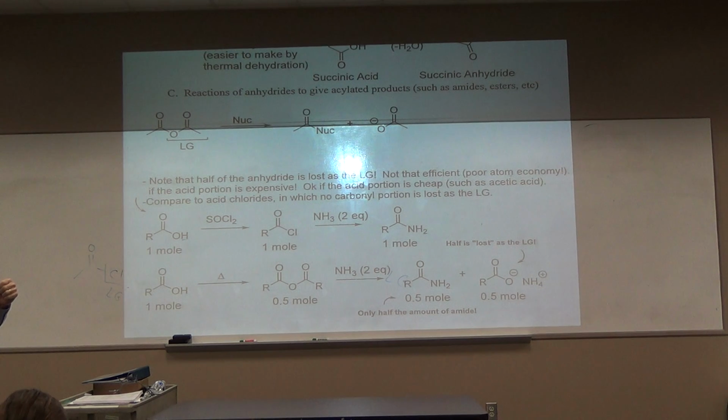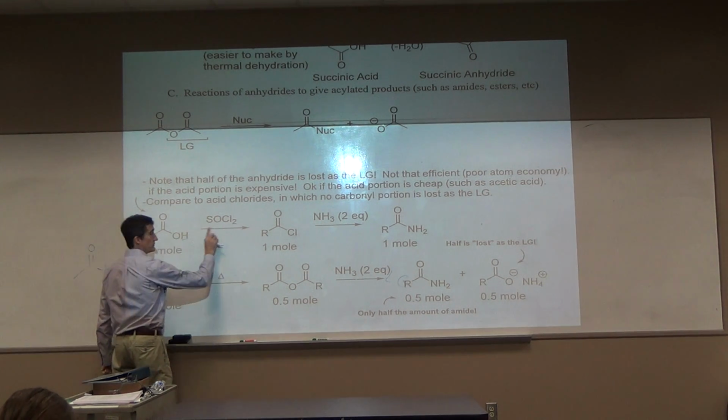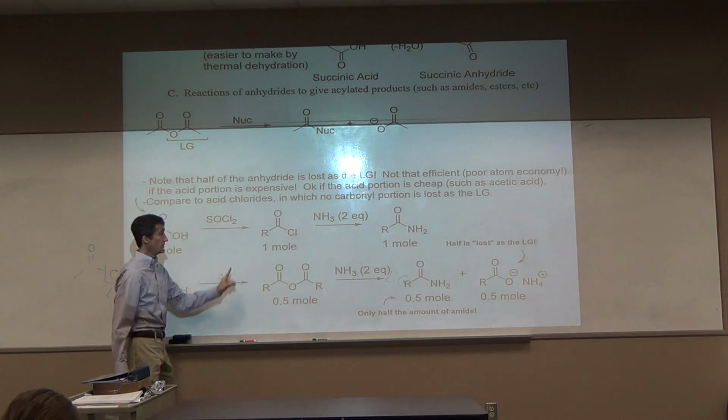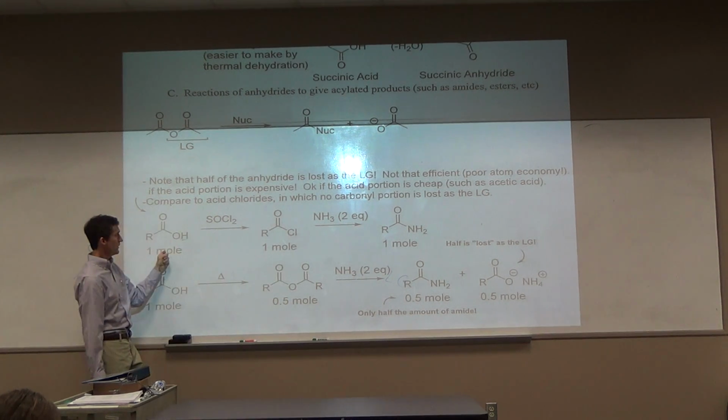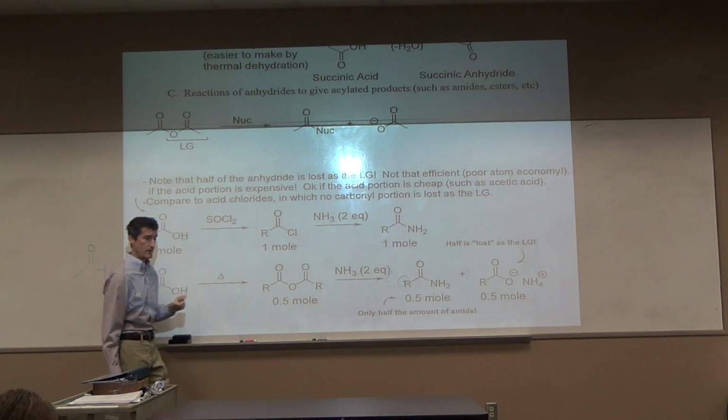Having the acidic H. Okay? Well, we can convert this to the acid chloride, which no longer has the acidic H. Very good for acyl substitution. Attack, kick off the chlorine. Okay? 1 mole of this gives 1 mole of that.